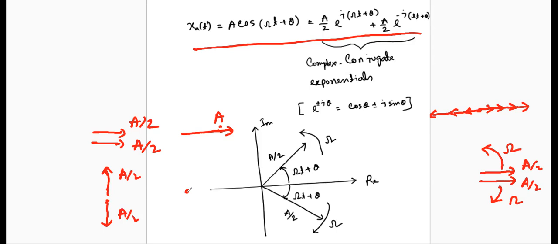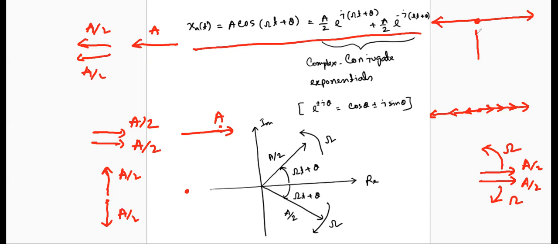In the third point, if it is like this, this is A by 2 and A by 2, in that case, it is the negative of A. So you have A, and it is decreasing to 0, and then it is increasing to the negative, and again it is decreasing to 0, which actually represents the fact we have already mentioned that this is a cosine signal.